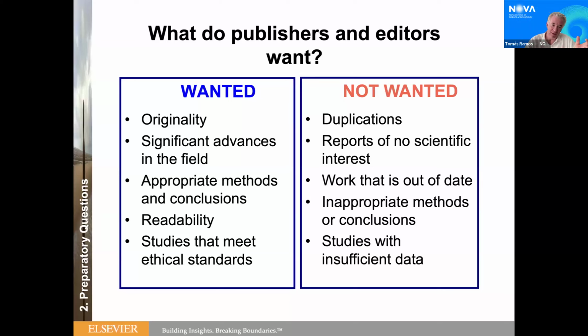They want original material, new things with value-added findings that will be significant for society and for academia, with significant advances in the field. They also want research that was conducted with appropriate methods and conclusions that are well structured and that meet the ethical standards.